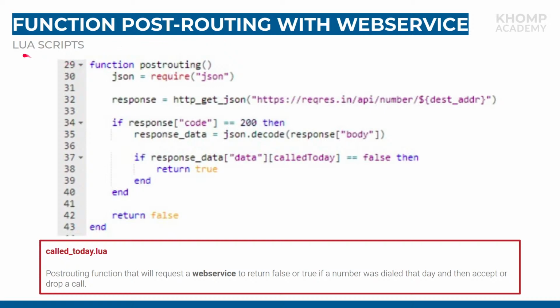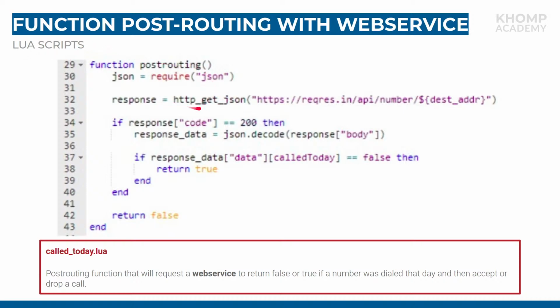Maybe you have some system in your network that acts as a web service, so you are going to send some information to that web service, and the web service is going to respond with a false or a true, in order to drop the call or to accept the call. So in that specific case, the post routing is only going to send a request to a URL, as you see here.